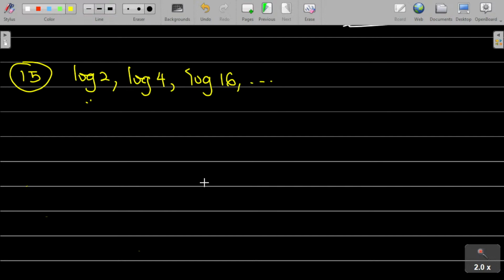So they said we should find the common difference. So what are you expected to do there? Immediately you hear common difference, you know it is arithmetic progression. That's AP.